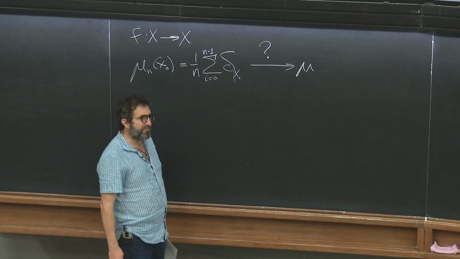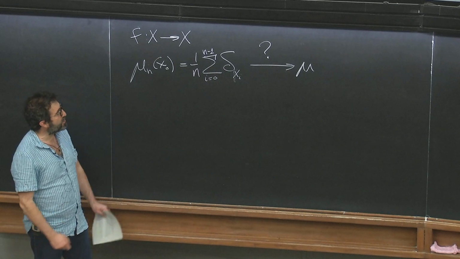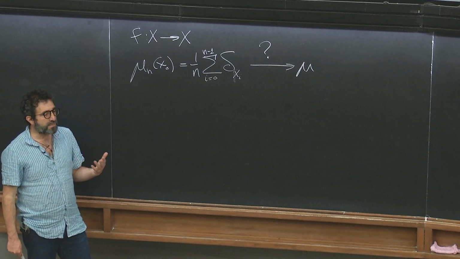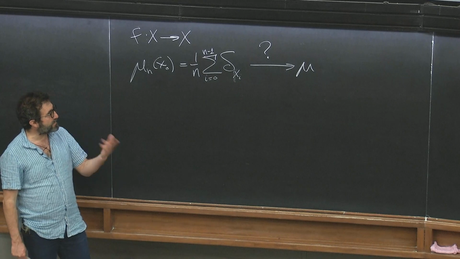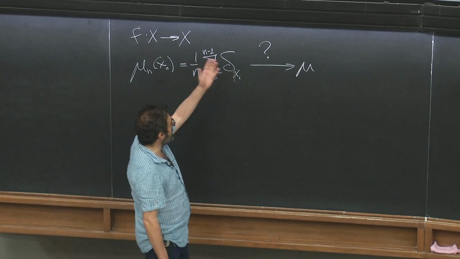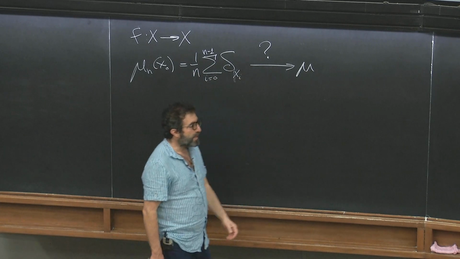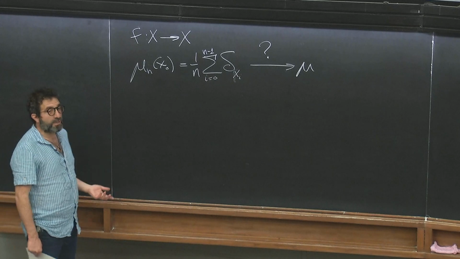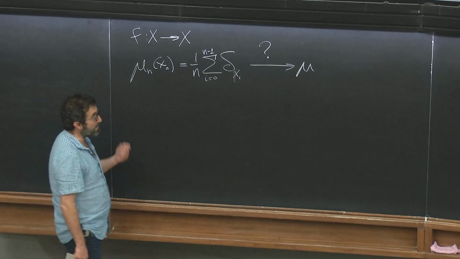It's a difficult problem if we tackle it just by looking at specific orbits. As we saw last time, in some cases, like 10x mod 1, we can easily construct orbits in which this does not converge. And if it does converge, it's not clear what it should converge to.